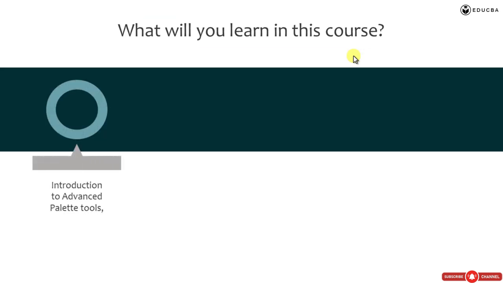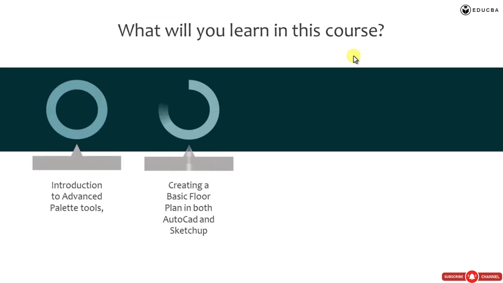First one is the introduction to advanced palettes. The second one is creating a basic floor plan in both AutoCAD and SketchUp. So just to mention, there are different levels of detail when it comes to SketchUp. Imagine the number of details that you can point out or use or make yourself in a 3D model.